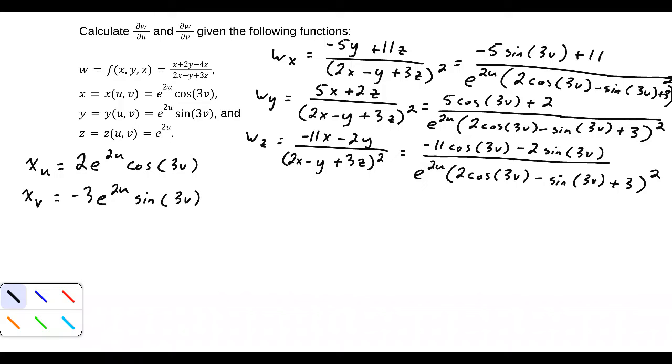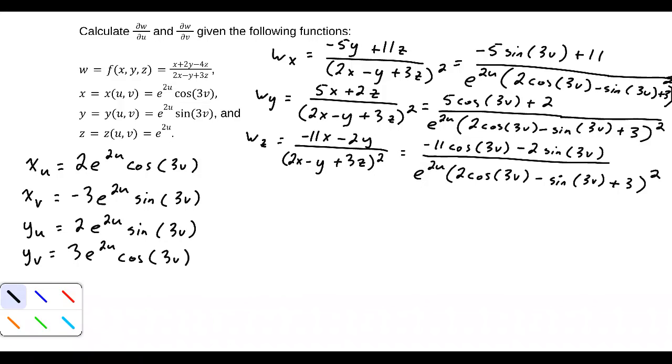All right, yu is equal to 2e^(2u) sin(3v). yv will be equal to 3e^(2u) cos(3v).